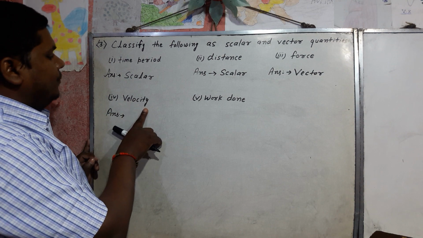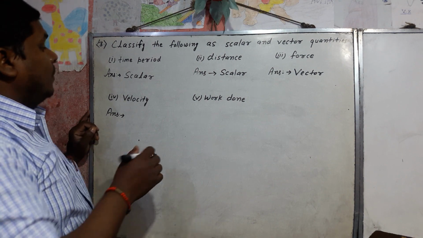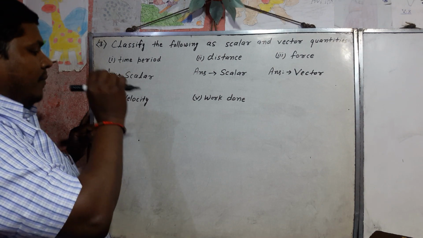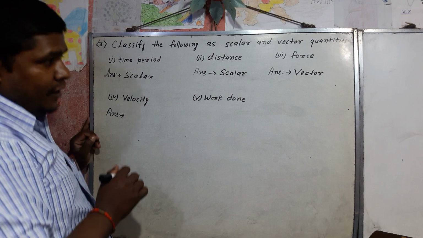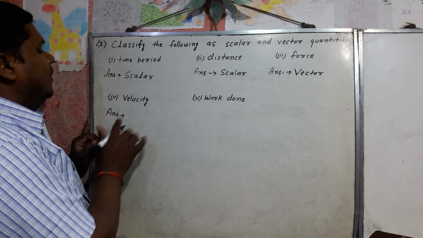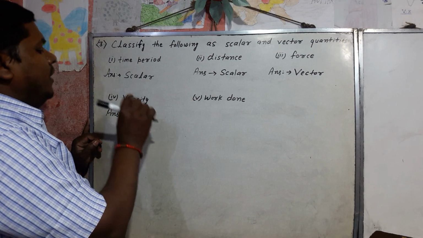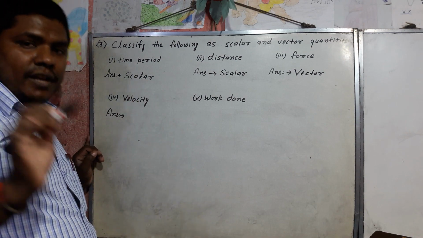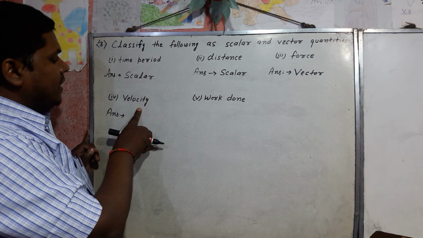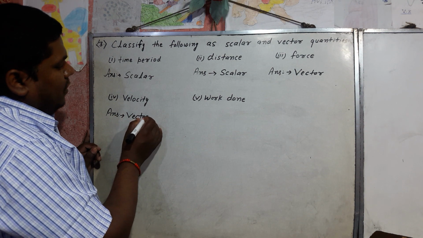The given quantity is a vector quantity because it has magnitude and also definite direction. Your answer is vector.